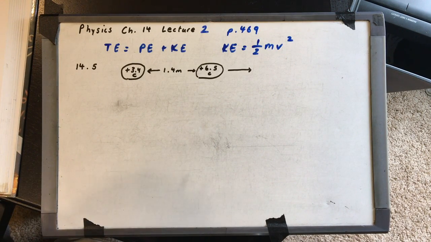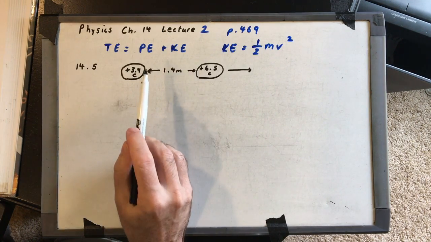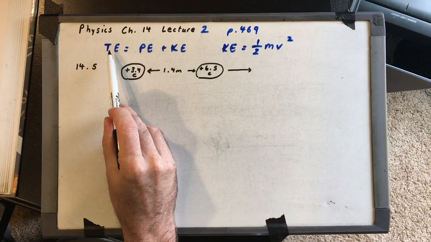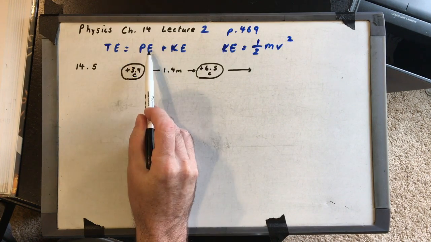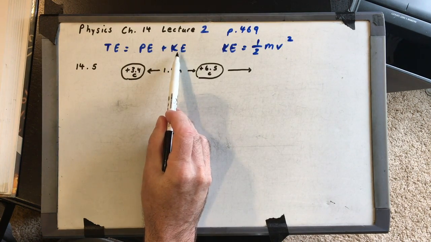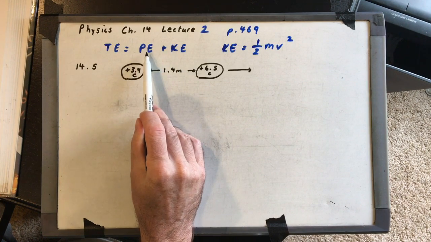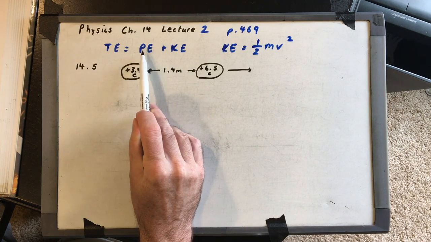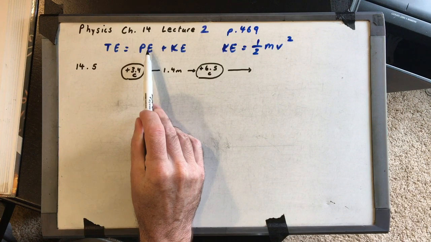So a couple of review concepts going back to Chapter 8. With the conservation of energy, we have total energy is equal to potential energy plus kinetic energy. With electric potential energy, you can get the change of potential energy with q delta V. We learned that last lecture.